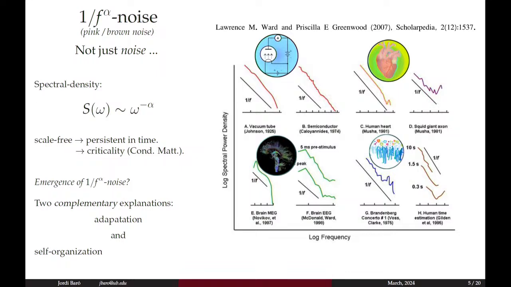This is observed in very simple systems like the conductivity of vacuum tubes or superconductors, in the rates of the heartbeat, or even in single neurons and the activity of the brain, in magnetoencephalograms and electroencephalograms, and also in decision making, and even in the underlying noise of cognition for the human condition.